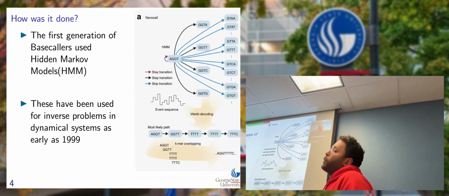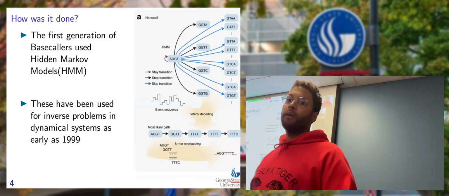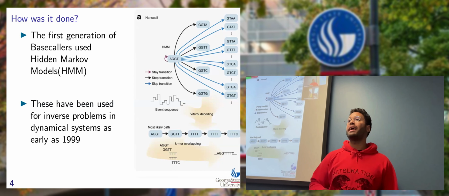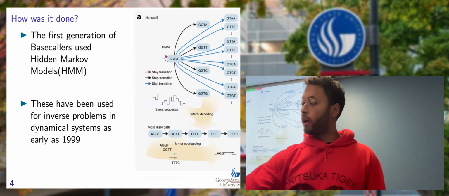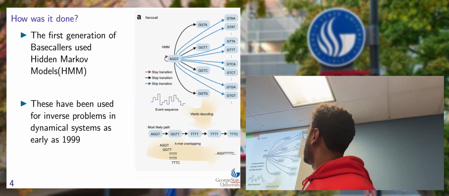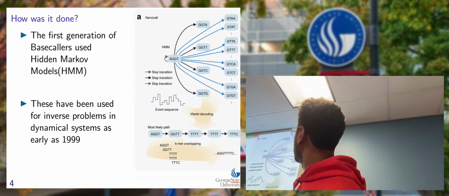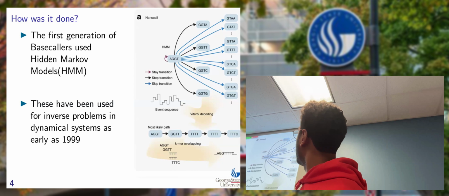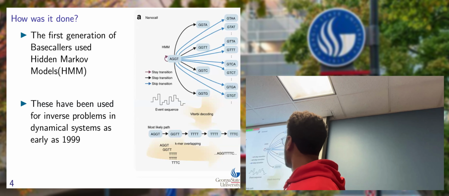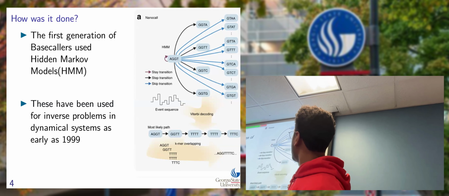Well, how do we do it? Initially, these base callers used hidden Markov models where you have some probability matrix that determines the change of state, right? You can see here that, for example, this black line would be a step transition. You can see that GGT moved to the front and we added an A, right?